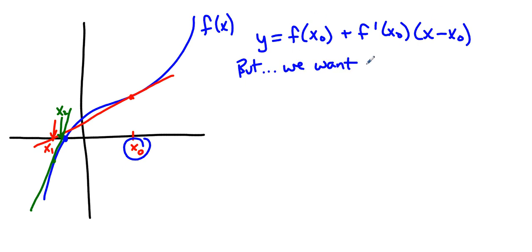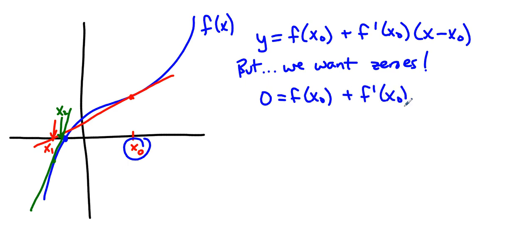We want zeros from the linearization, which means we want the y value to be 0. That's the thing we're looking for. When we find that, that's going to be our next approximation. This thing is going to turn out to be x1.